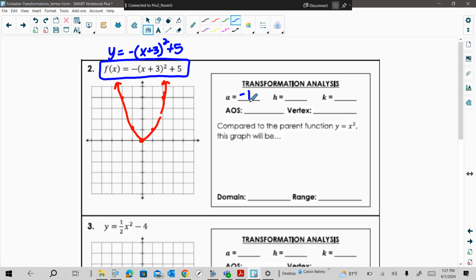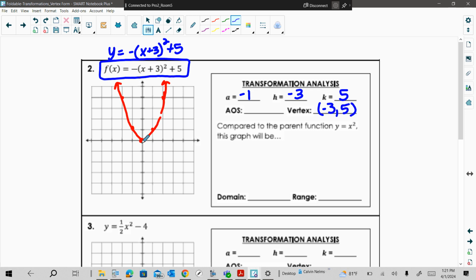What is the h value? No, not 3. -3. What is the k value? 5. Yep, 5. So what's our vertex? -3, comma 5. Very good.